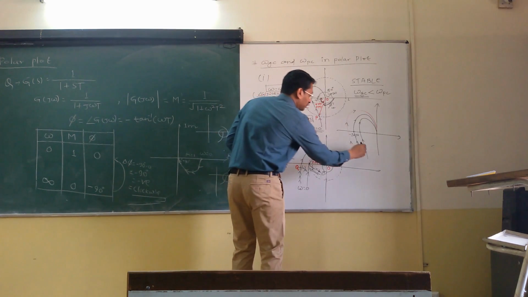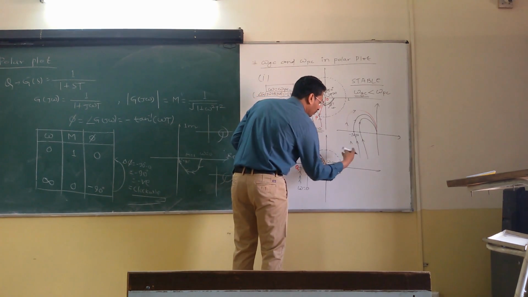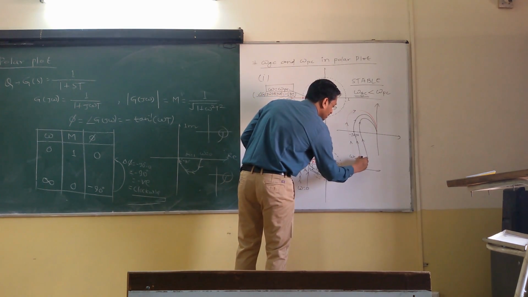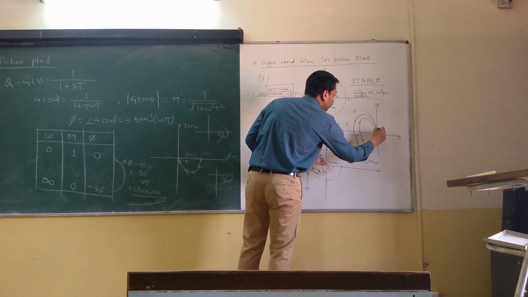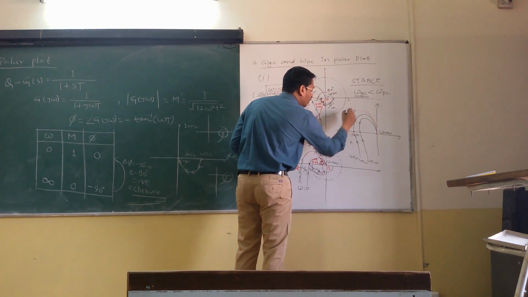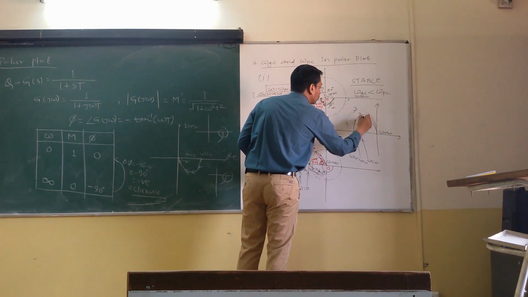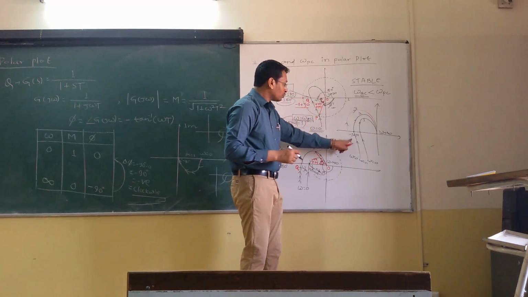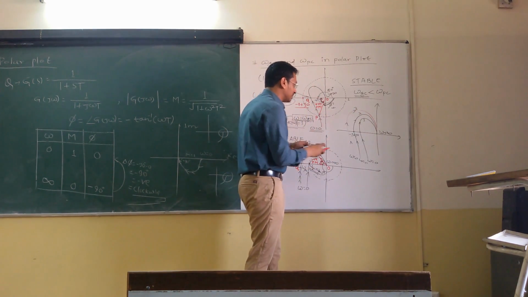Suppose this, if you are going to move from omega is equal to 0 to omega tends to infinity. So this point, I am going to say this is 3, this is 2, this is 1. So -1 plus j0 point is this.